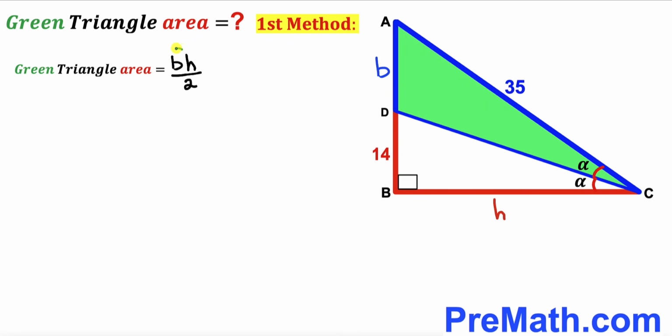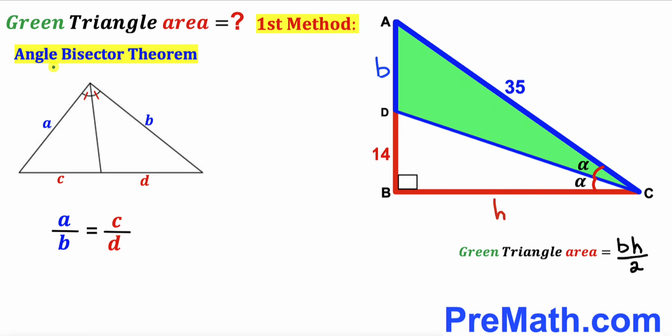Now our task is to find the value of b times h. Let's recall the angle bisector theorem. As you can see in this given triangle, along with this angle bisector, such that these two angles are congruent, we end up with this side lowercase a, this side lowercase b, and this horizontal segment is c, and this horizontal segment is lowercase d.